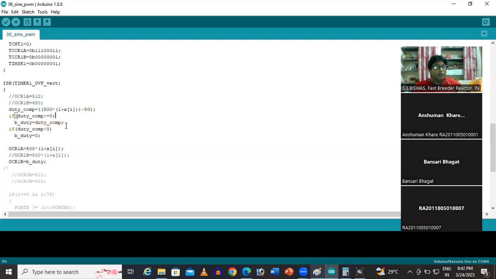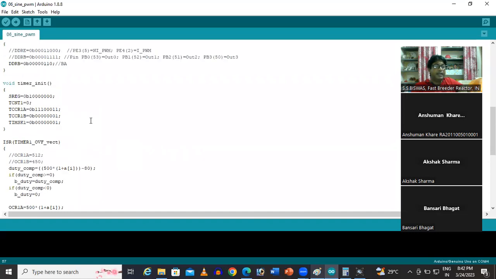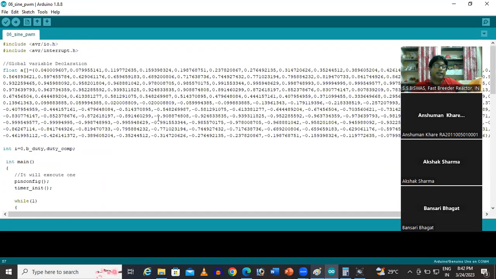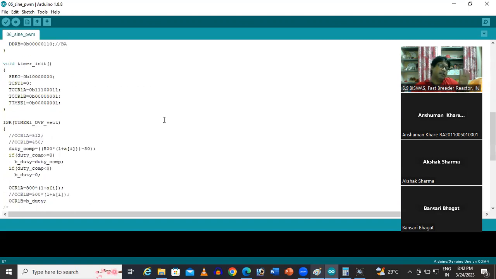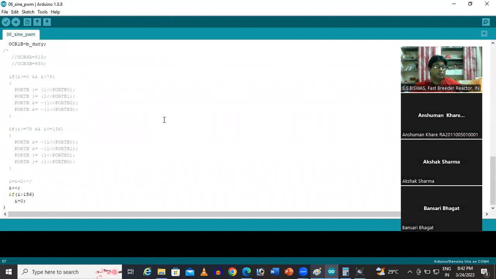If it is greater than 0, then the duty cycle will be as per this. But if it is less than 0, then I am restricting it to 0. I am not allowing it to go negative. Okay. And what is this AI? This AI is nothing but the sine theta taken from this array. This is called sine PWM.